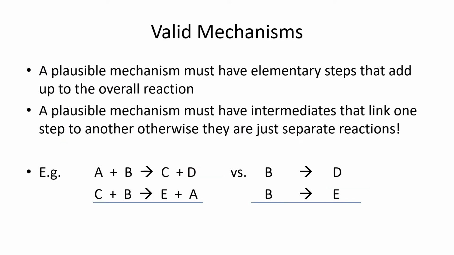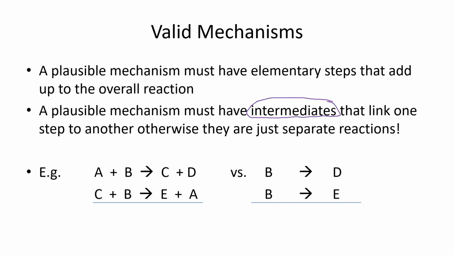Comparing reaction mechanisms to Hess's law sometimes has a few flaws, so I want to point out the main difference between a mechanism and just random equations that can add up together. With a mechanism, there's always going to be intermediates. There has to be a link between one step in the mechanism and another step.